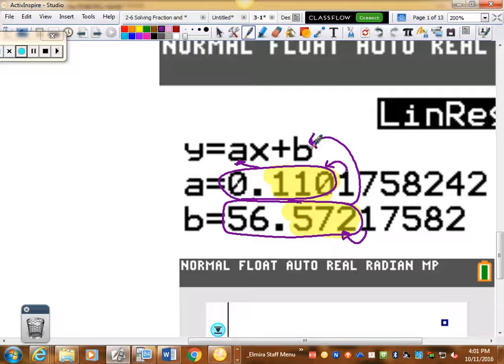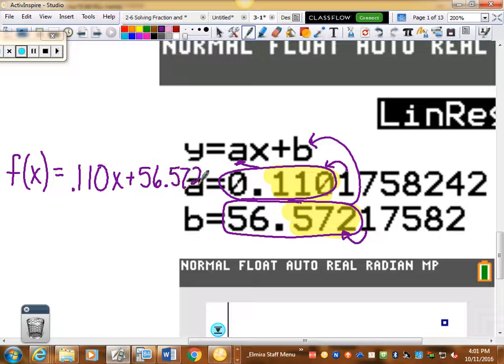So when I write my function, I can write it as f of x equals, you don't need the leading 0, 0.110 x plus 56.572. I'm going to run out of room. Let me make that a little smaller so we can see it better.